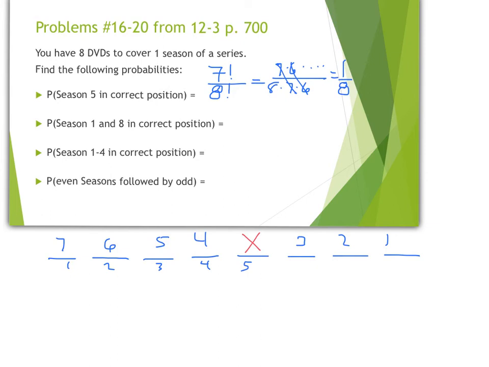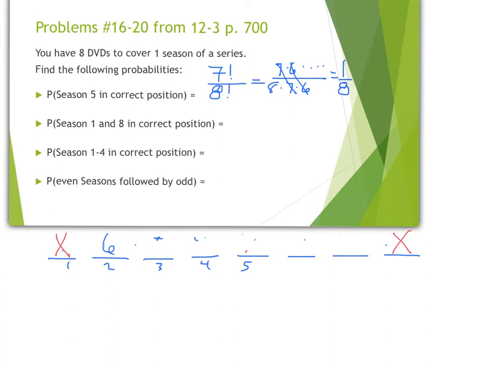But as soon as we then start to add more to the mix, it's going to be a little bit harder. So we're going to use the same process though. So now I want to look at the probability of season 1 and season 8 being in the correct position. So here's season 1 and here's season 8. So success means that those two are fixed, they're done. So for the other positions, well, I have 6 seasons left.